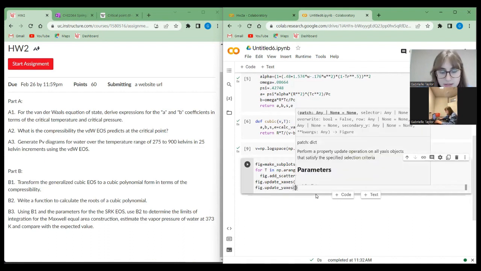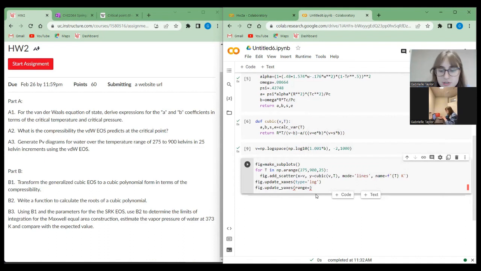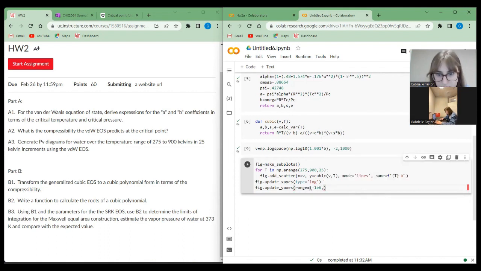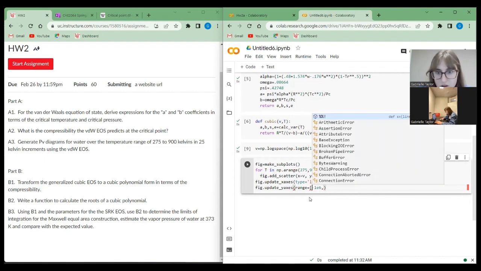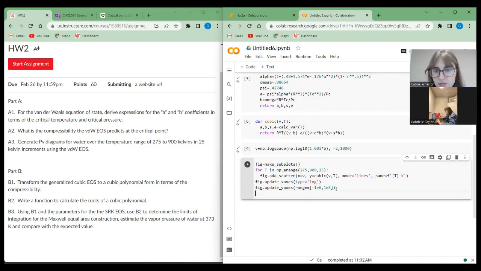Let's say range, from negative 1e6 to 1e8.